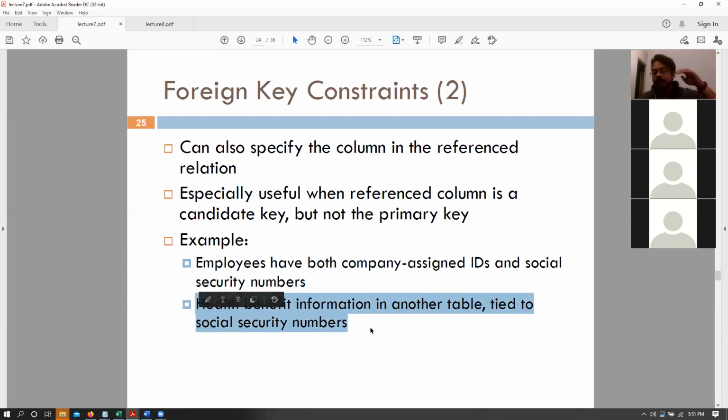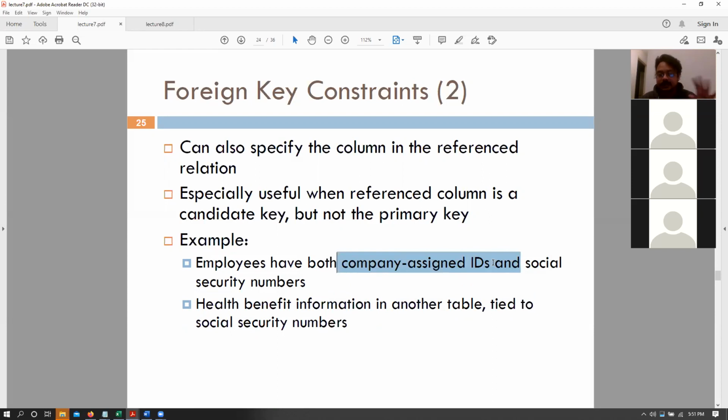So health benefit is usually tied to social security and what you pay there and things like that. So you would have a separate table for those things, and for salary and taxes and all of those things, you would have your company assigned IDs and socials as a separate table.